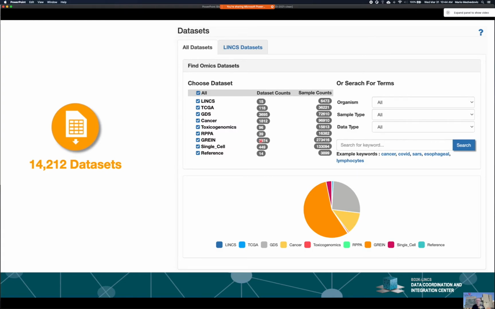This number is much bigger now, and the way this portal works, we processed a whole bunch of this initially, but now there is the submission tool. So if we didn't process the data set that you are interested in, all you need to do is submit its GEO identifier, and it's going to be put in the pipeline and processed.